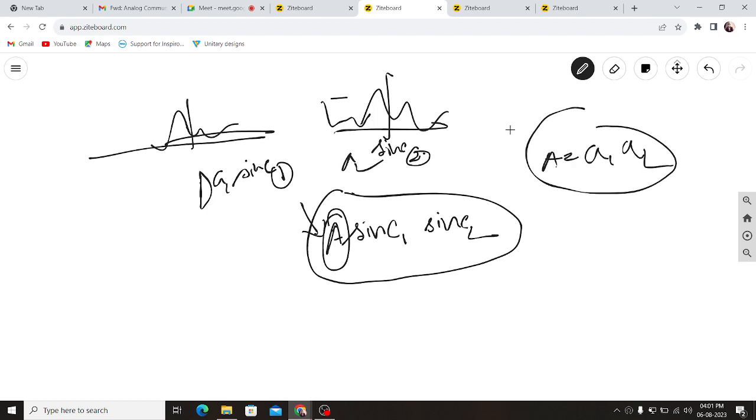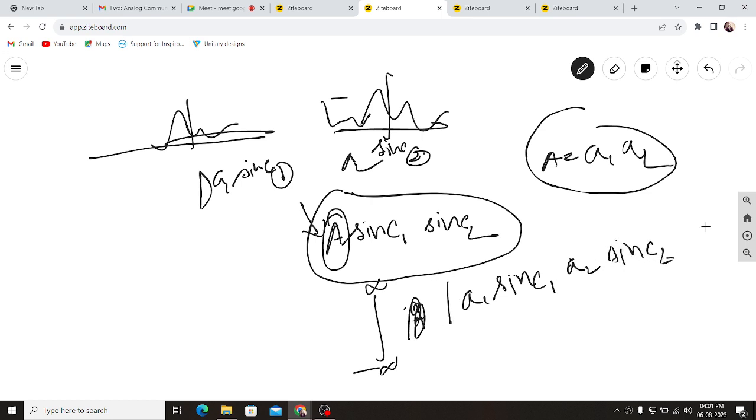If someone asks you to calculate the energy of the multiplication of these signals, you have to calculate the integral from minus infinite to infinite of mod square of a1 sinc 1 into a2 sinc 2, over dt.